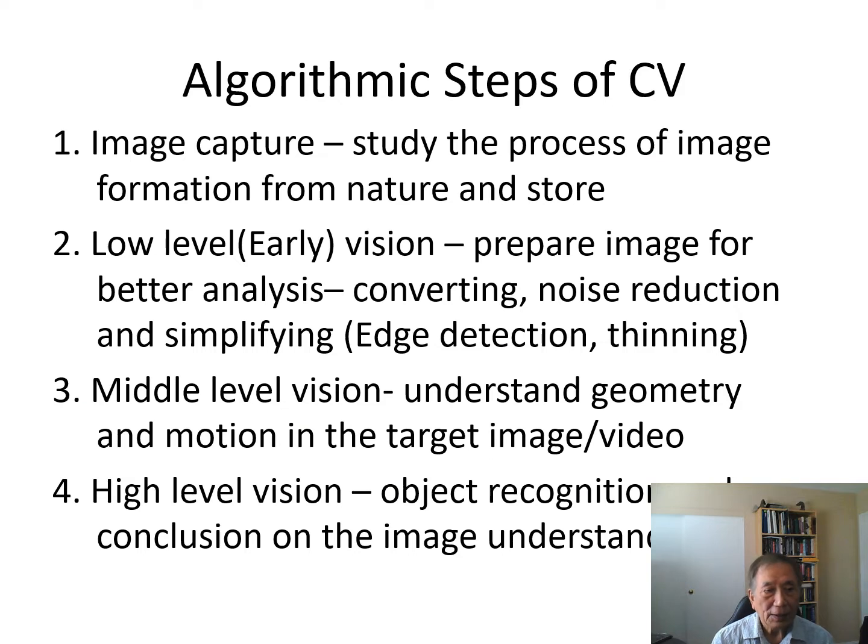And here we said that the algorithmic steps of computer vision start with image capture. That's why we talked about human vision and machine vision, or camera, the concepts. Every image we are processing is somehow captured from nature or reality using one type or another of camera.